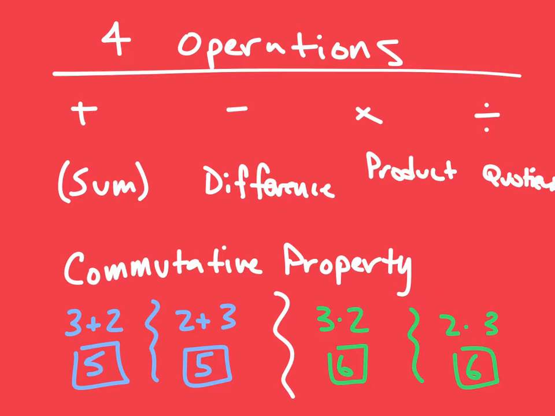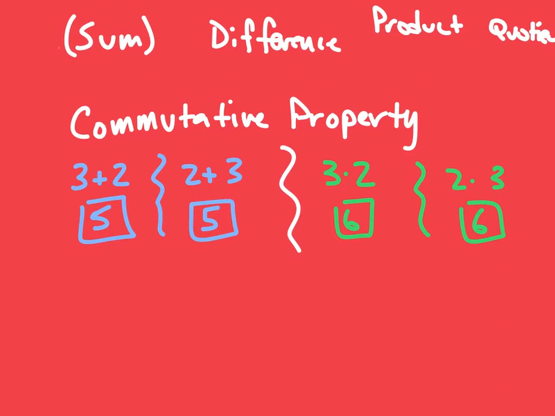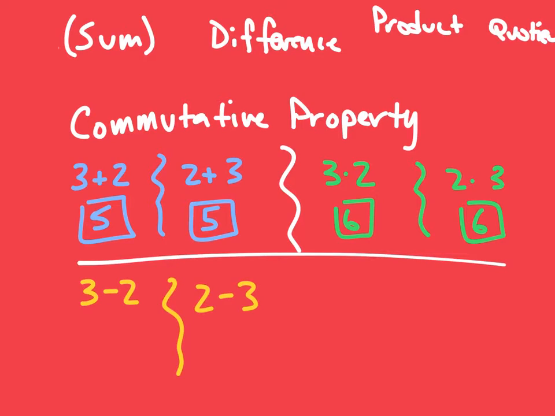The opposite is true for subtraction and division. All right, so if I were to subtract numbers, say 3 minus 2, and then look at 2 minus 3, I get 2 different answers. 3 minus 2 is positive 1, and 2 minus 3 is negative 1. I get different answers, okay?